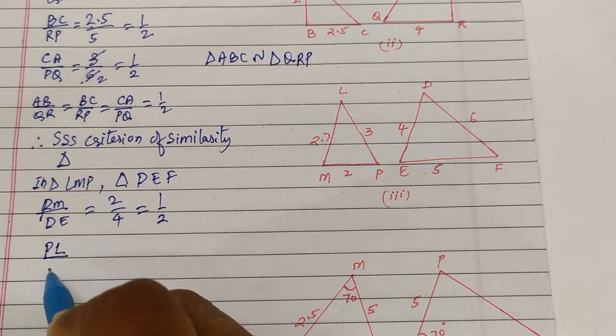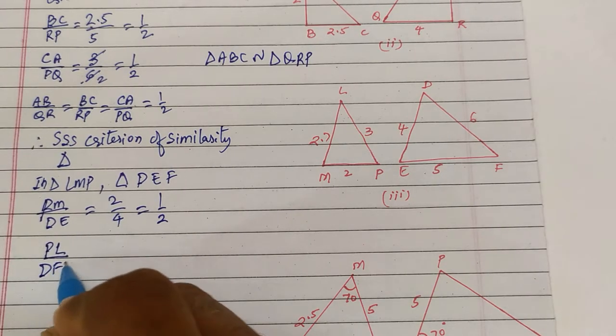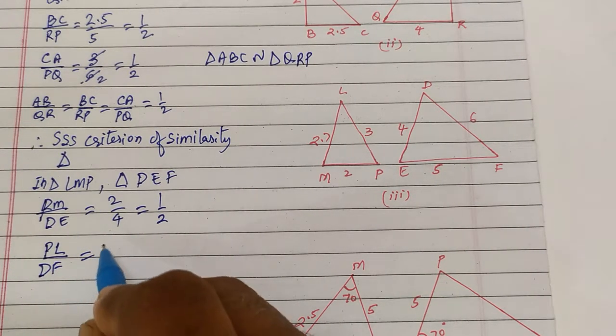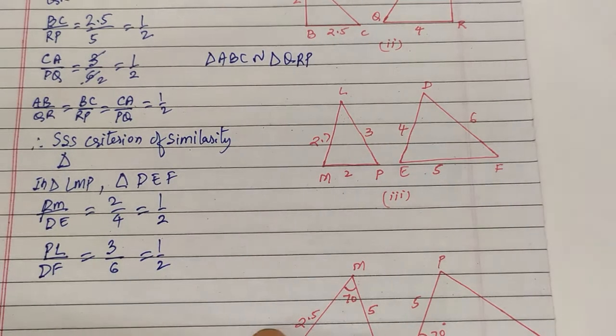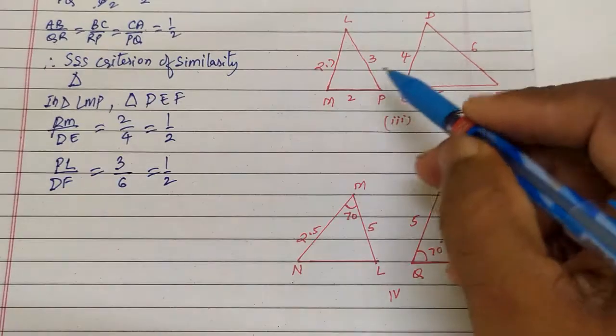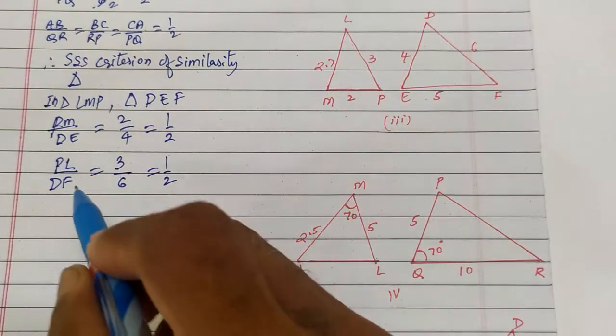LP upon DF. LP is 3, this is 6, this is 1 upon 2. This can come. The next one, this is not possible.